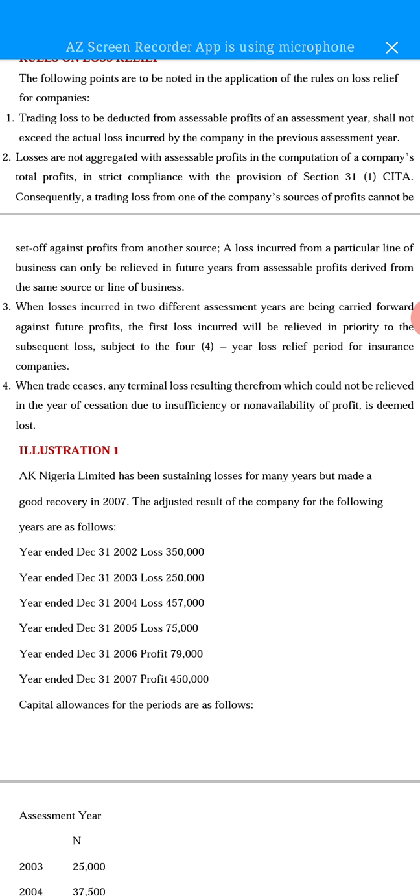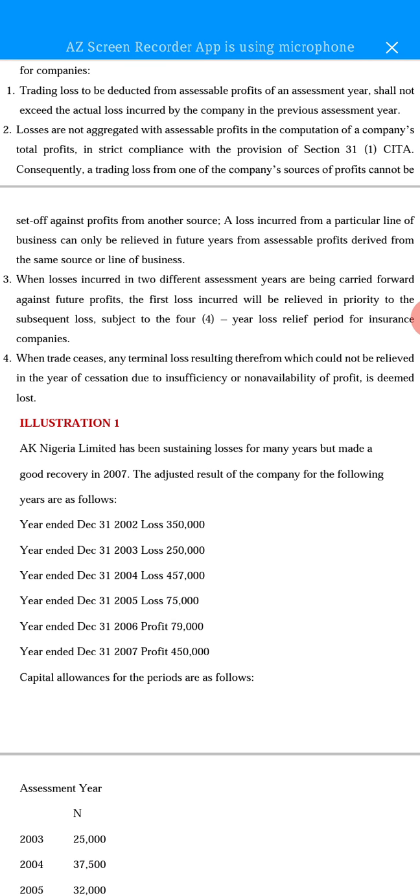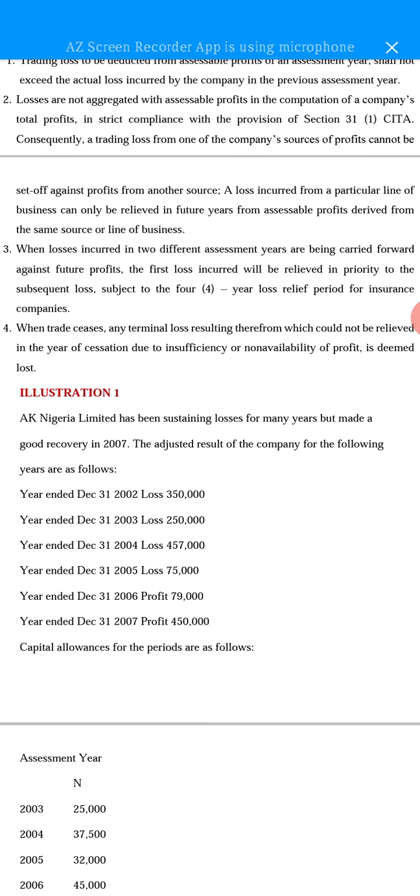Then the next: when losses incurred in two different assessment years are being carried forward against future profits, the first loss incurred will be relieved in priority to the subsequent loss, subject to the 4-year loss relief period of an insurance company.